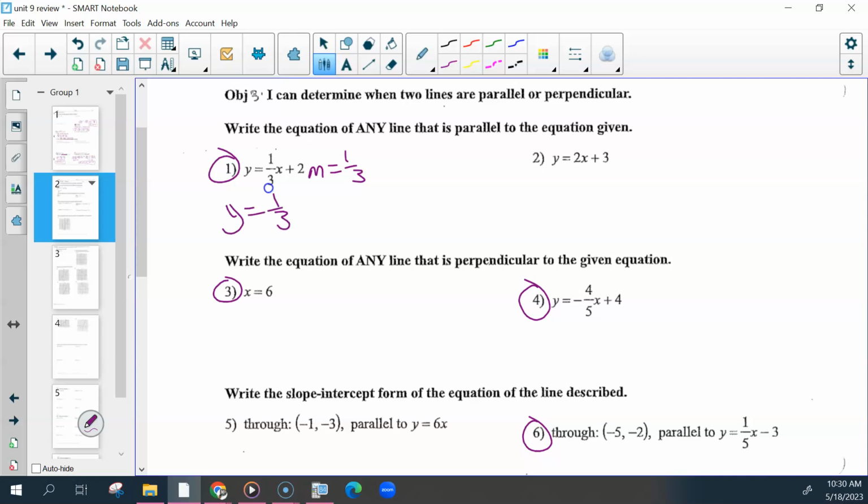The slope is the same. Give me a different y-intercept that's not 2, or positive 2. Someone give me a number. 3 works. So the slope has to be the same, and you just have to have a different y-intercept. Does not matter what that y-intercept is. It can't be the same.